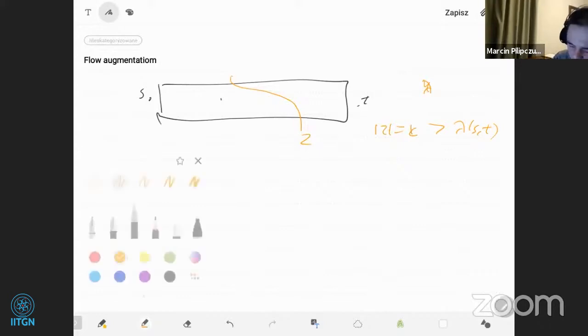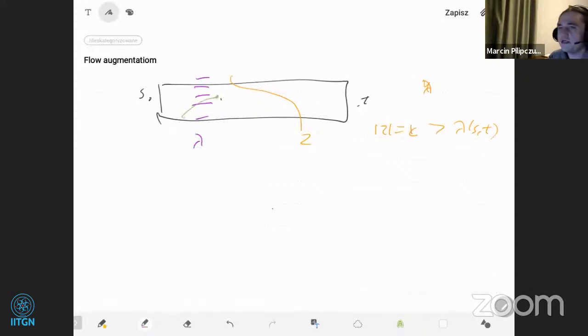So if you take, say, this color, and there's some minimum cut here of size lambda, you want to add a green edge over it. So think of increasing the flow as adding an edge for every minimum cut. There should be some added edge that breaks this minimum cut, that makes it stop being minimum. And if you break all minimum cuts, then you increase the flow. That's the way of thinking about what it means to increase the flow in your graph. Okay, so we need to understand the space of minimum cuts to work here. It's important to understand the space of minimum cuts with this picture.